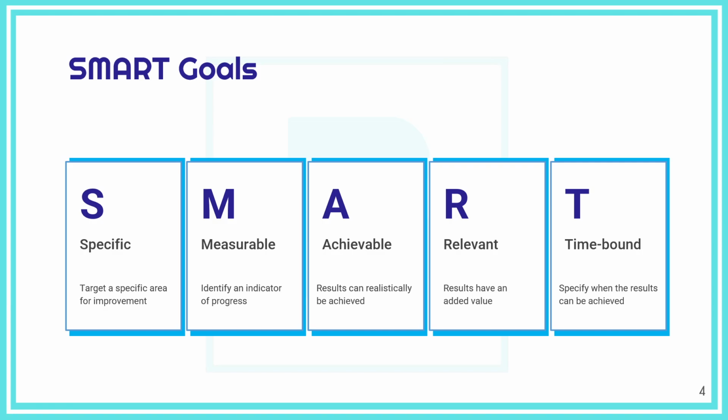S stands for specific: the goal has to be specific, it targets a specific area, for example, for improvement. M: we should be able to measure whether we have achieved the goal or not. A means the goal should be realistic. R means it should have added value. And T is time: we know by when we need to achieve that goal.